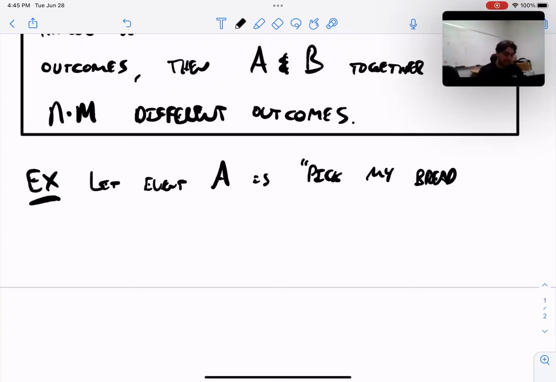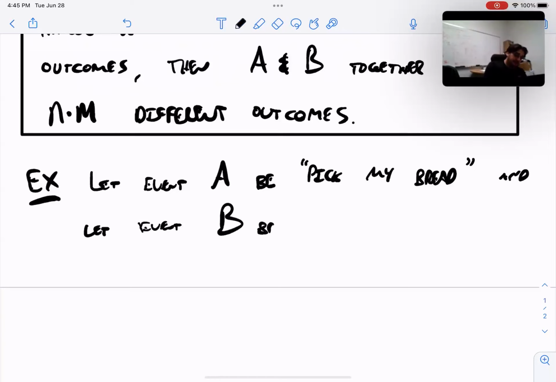I'm going to pick my bread, so that will be our event A, and we'll let event B be pick which meat we want on our sandwich.